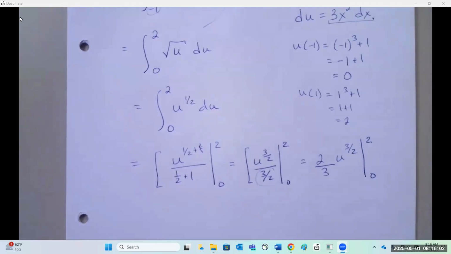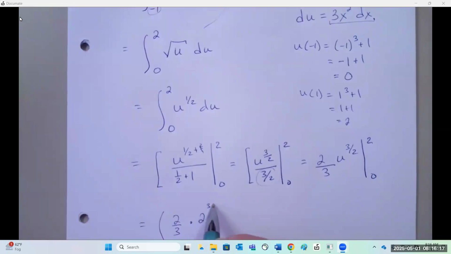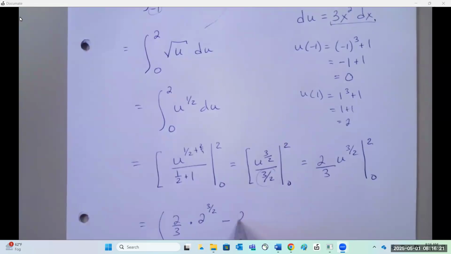Again, all algebra. So this one becomes 2/3 times 2 to the power 3/2, minus 2/3 times 0 to the power 3/2.